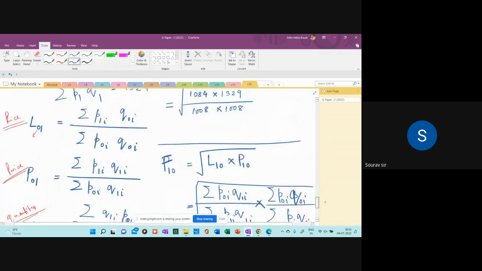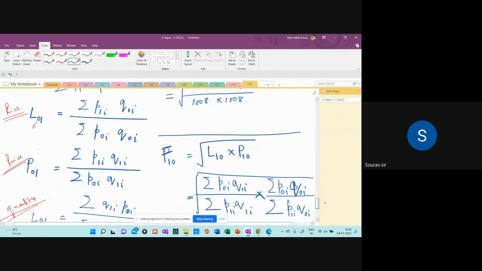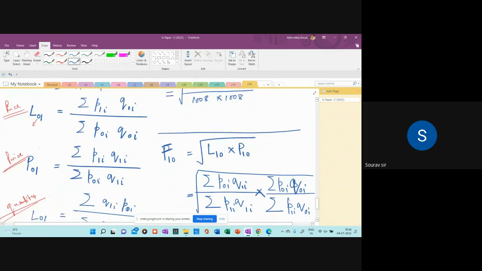This formula I have, I think, written something wrong. This is Paasche's price index, I think I have written something wrong. Let me check this Paasche's price index. This is P1 by P naught into Q1 by Q1. No, it's fine.